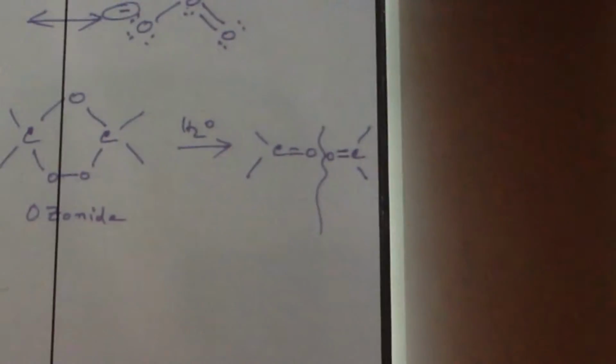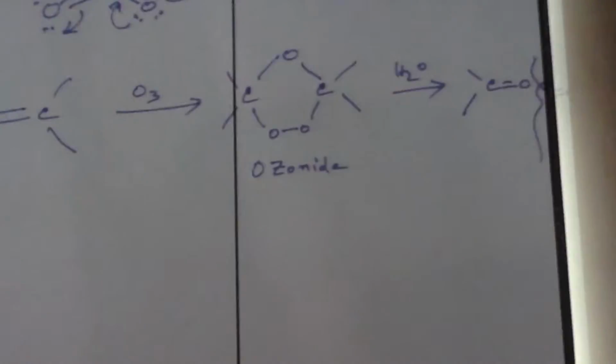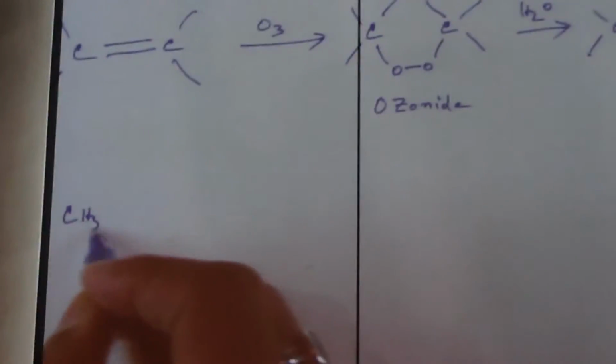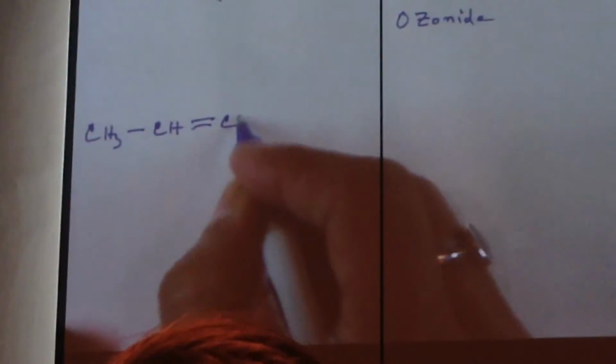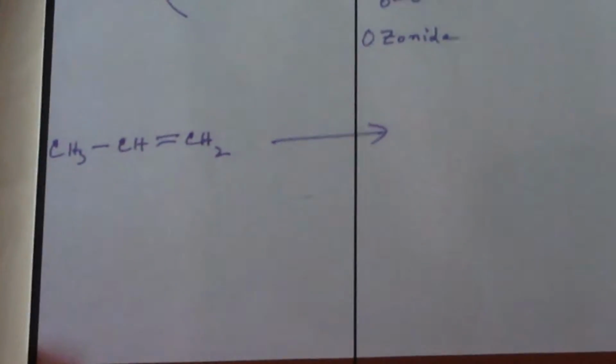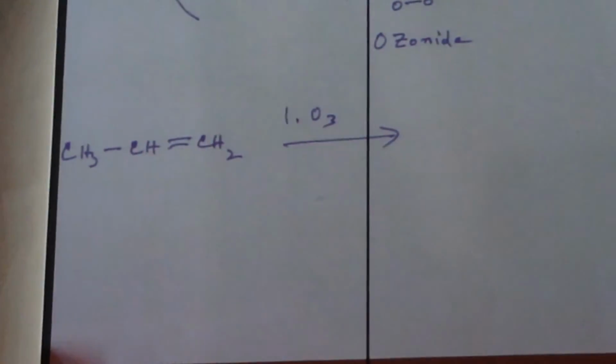So two carbonyl groups are generated from these two carbons. In other words, let's assume that you start with something like this. And in the first step, you treat it with ozone.